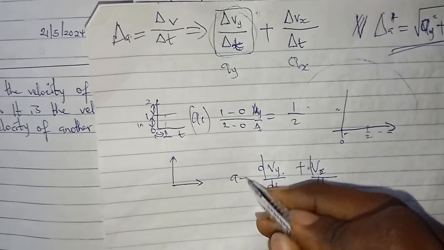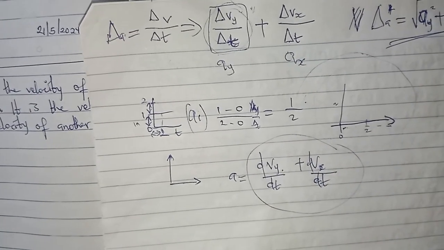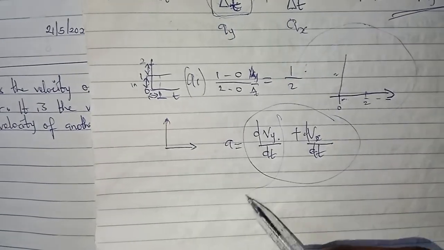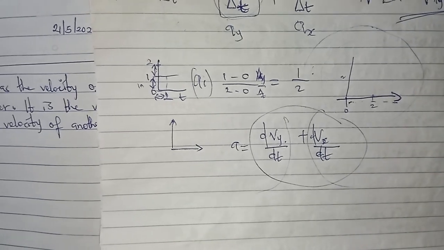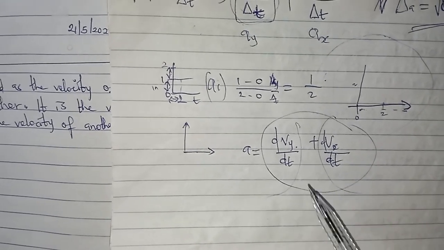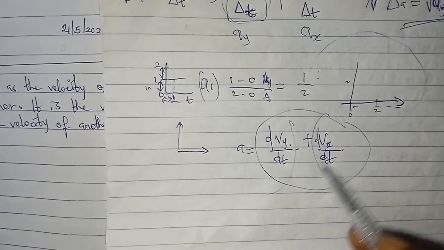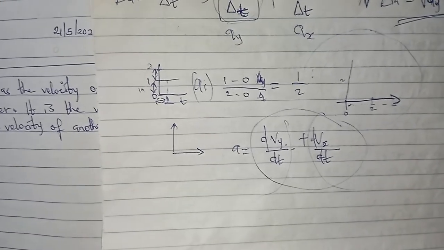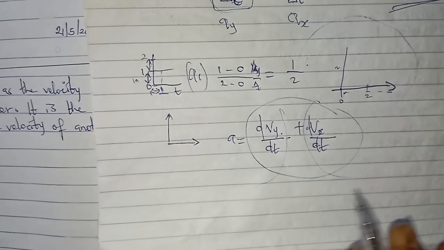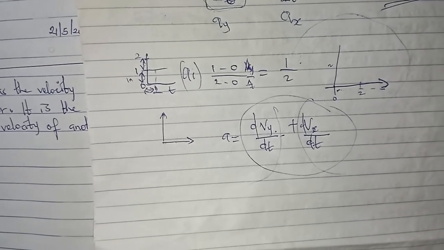Whatever you have at that point, so far as it's change in velocity you are treating, once you're able to compare what happened at y and compare what happened at x, the summation of what you have happening here and what you have happening here gives you what we call instantaneous acceleration. That's what you need to know.